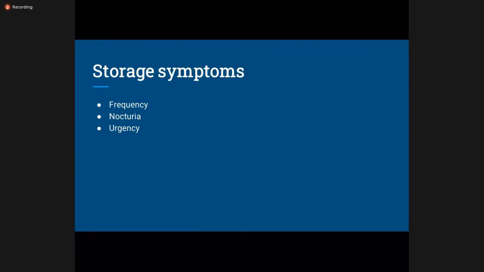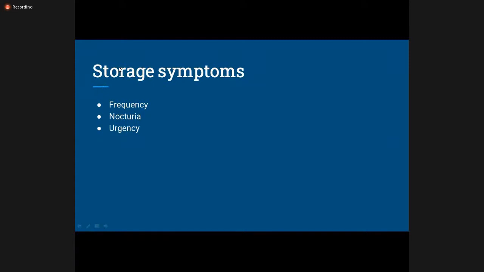So we'll now move on to the clinical side, that is, the symptoms. The lower urinary tract symptoms, we'll divide into storage and voiding symptoms. Storage symptoms are frequency, nocturia, and urgency.